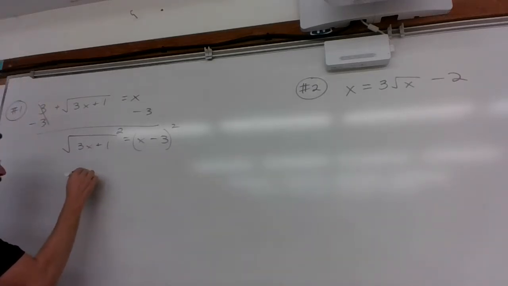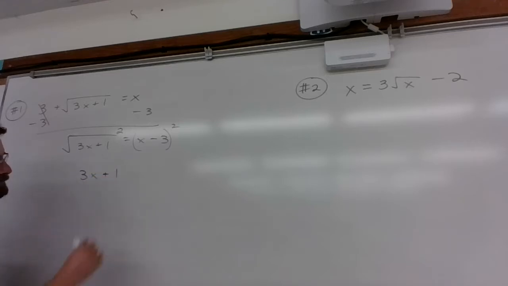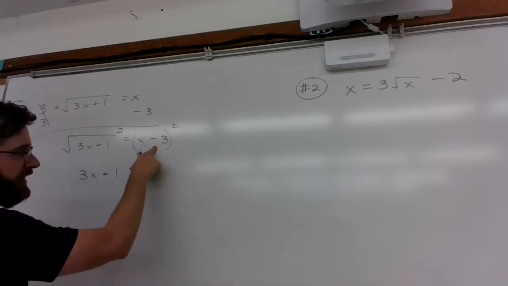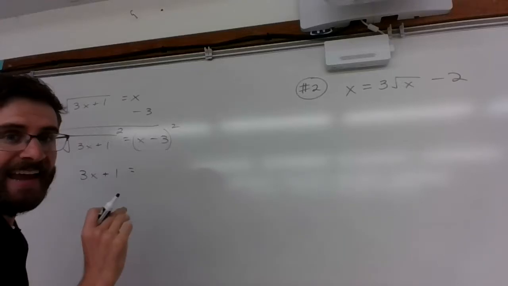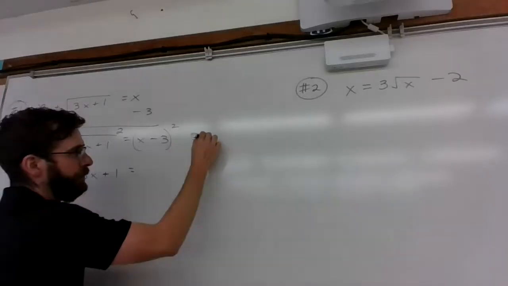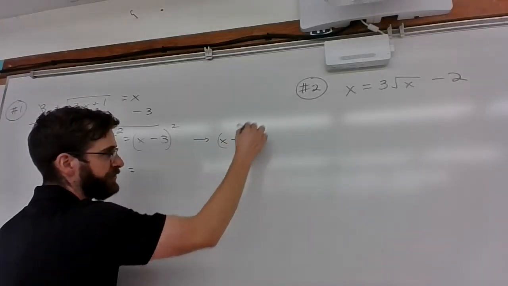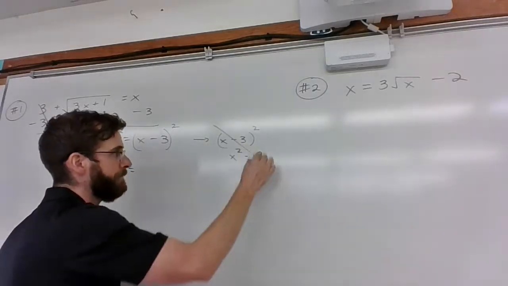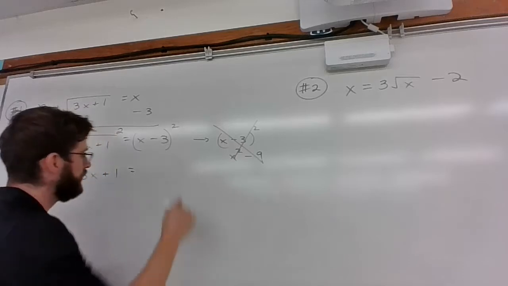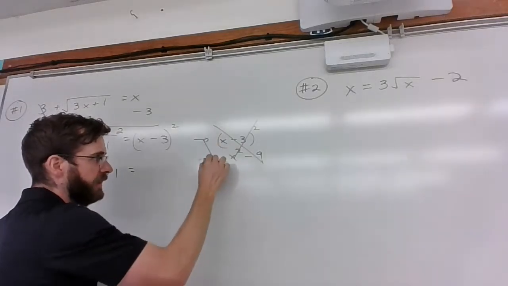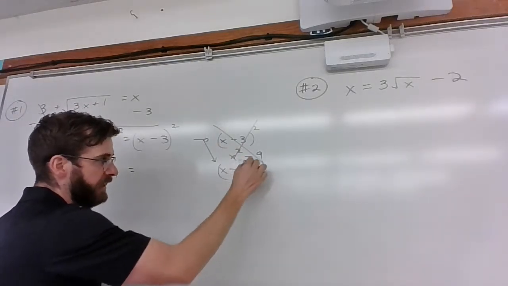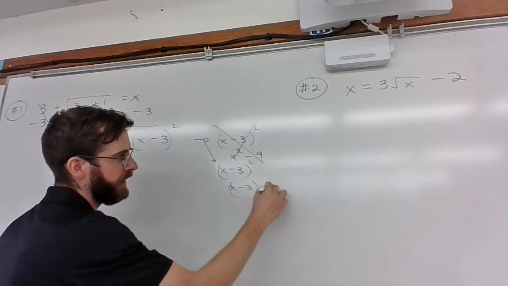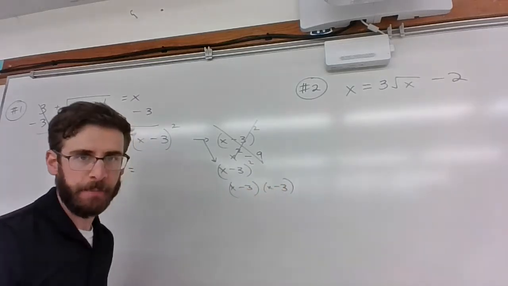This leaves you with 3x plus 1 and a polynomial that needs to be expanded. Error alert, a lot of people will try to take x minus 3 squared and quickly call it x squared minus 9. That's not true, because x minus 3 squared is x minus 3 times x minus 3. That needs to be expanded like a polynomial.